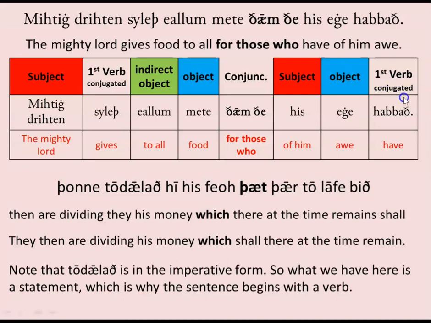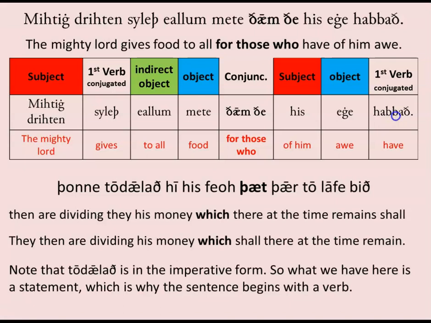The verb conjugated is have, habeth. So, michti derichten suleth erlum meta tham the his eya habeth. Subject, conjugated verb, indirect object, object, then the relative conjunction, and then you have subject, object, and habeth.